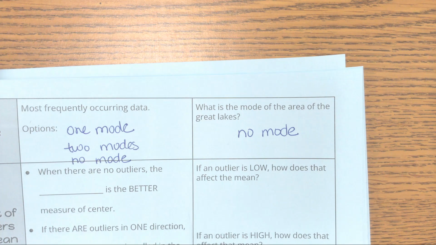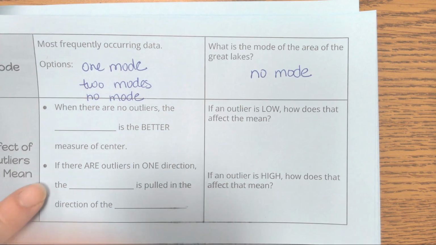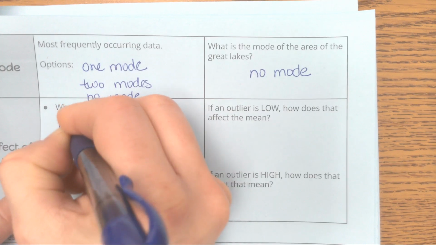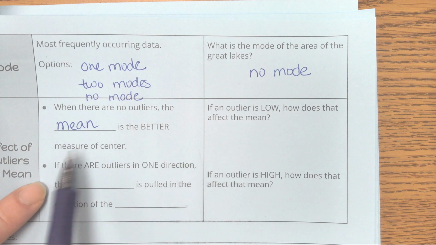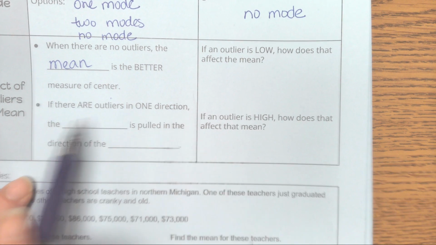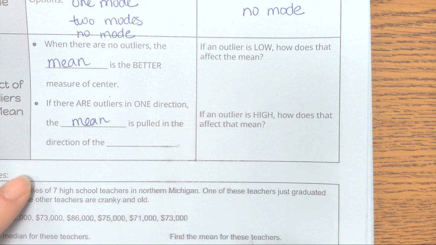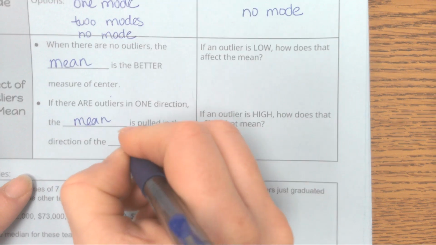Okay, to summarize, when there are no outliers, the mean is the better measure of center. If there are outliers in one direction, the mean is pulled in the direction of the outlier.